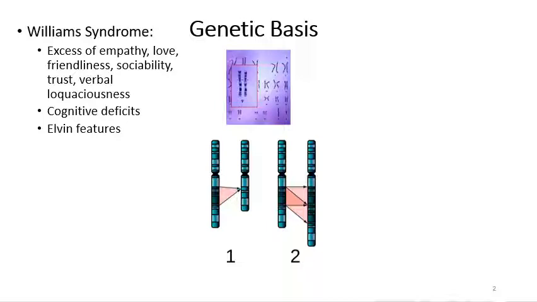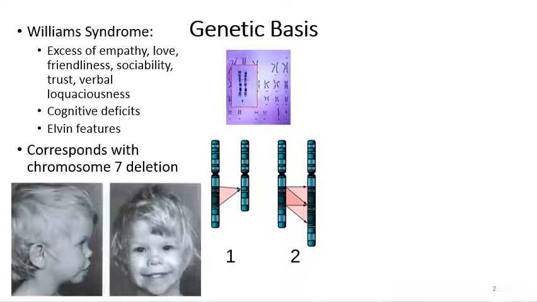So in the case of Williams syndrome, if we have a deletion, as in pair 1, in a particular chromosome, we have an excess of empathy, love, friendliness, sociability, trust, verbal loquaciousness. We have a child who is absolutely a little social master, a storyteller, loving, a delightful child.